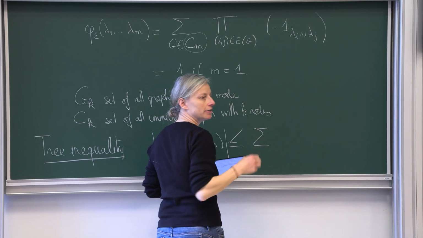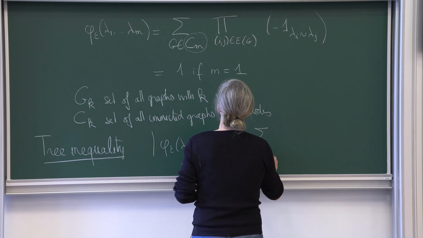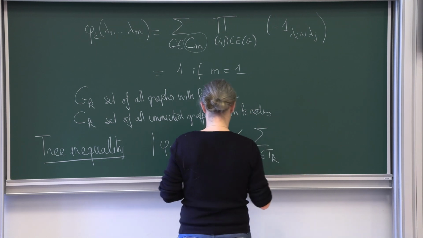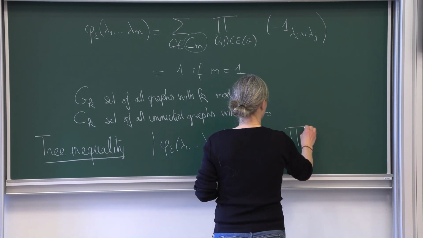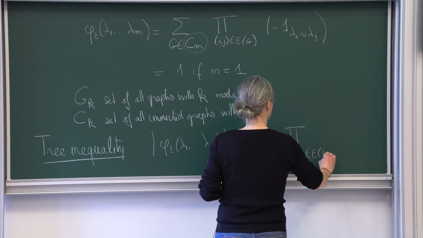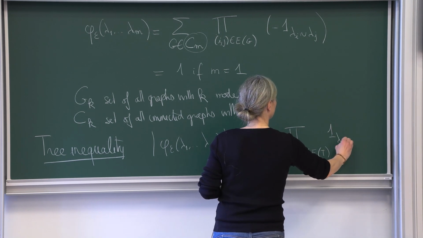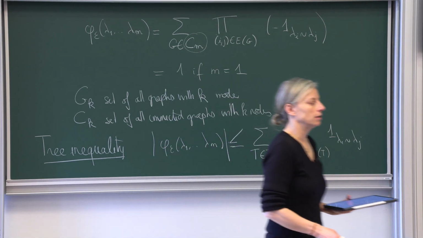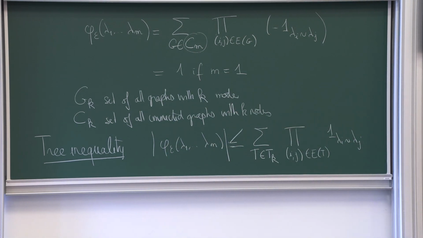So they have only m-1 edges, with ij in the edge set of t. So you have cancellation between the different graphs.